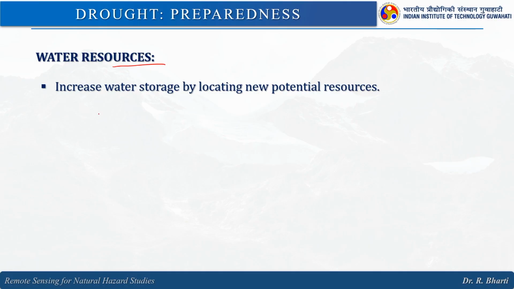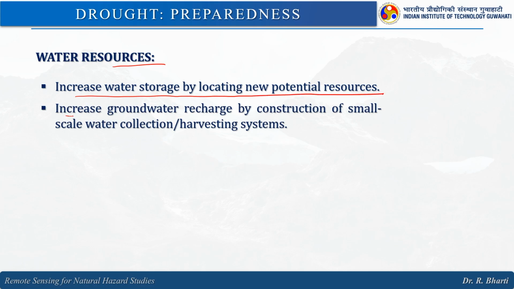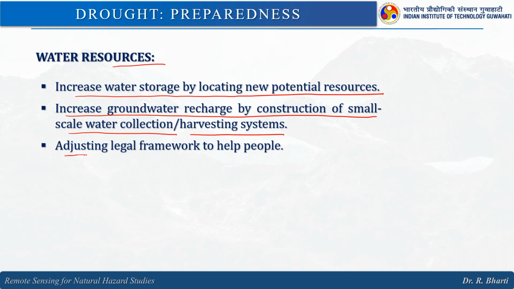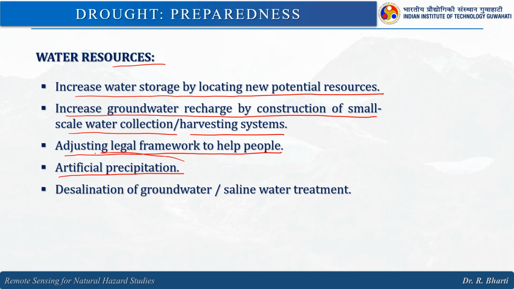In water resources, there is increased water storage by locating new potential resources, increased groundwater recharge by construction of small scale water collection or harvesting systems, adjusting legal framework to help people, and artificial precipitation, which is one of the areas but is not currently working.